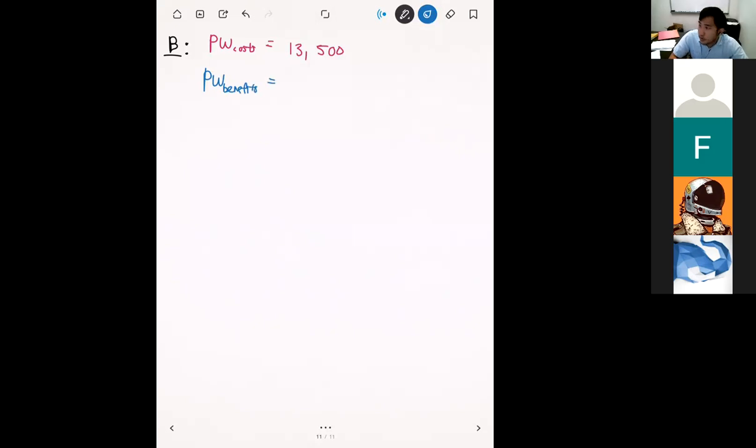Then we're going to find the present worth of the benefits. In this case, we have two sources of benefits: the uniform series of 3,000 and our gradient of 500.